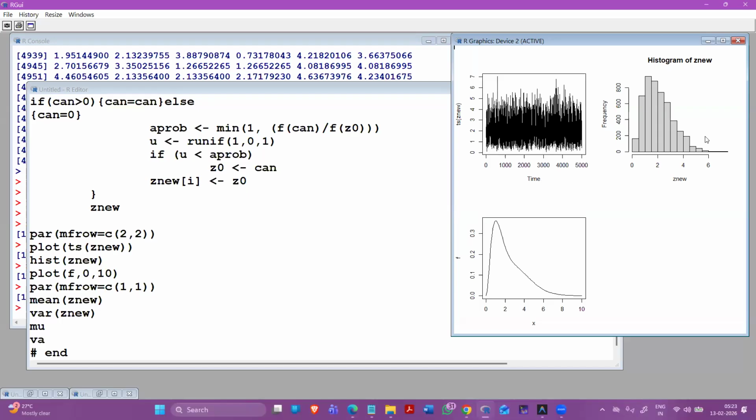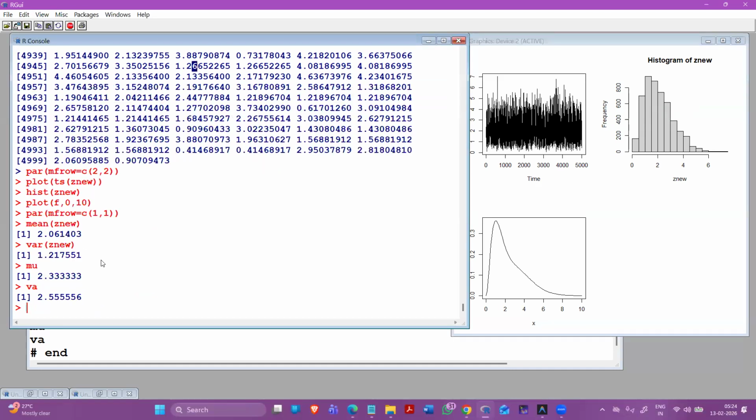The Lindley distribution is a positively skewed distribution. If we look at it, this is a positively skewed distribution, right? After that, we find the mean, which is 2.33, and the variance is 2.55, from the formulas that I gave at the beginning of the code.